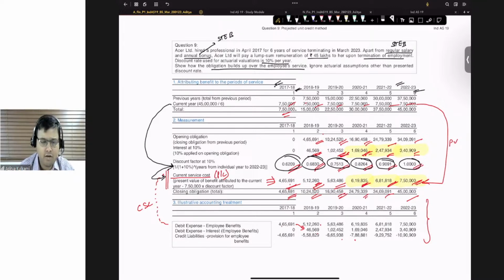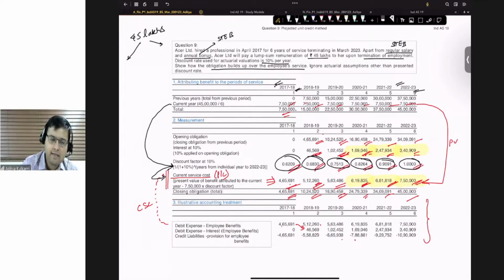Sir, what does current service cost mean? Current service cost is essentially the effort that the employee is putting in, which is giving rise to the gratuity liability in the future. You have to understand that the 45 lakhs payment which is going to happen has two components. Any payment, like this 45 lakhs guaranteed amount, whether gratuity or pension, has two components.